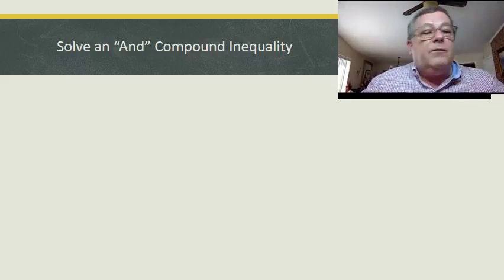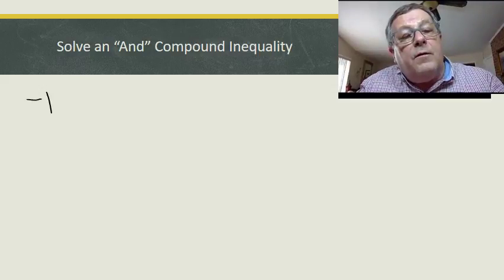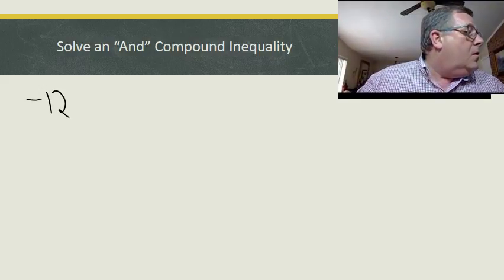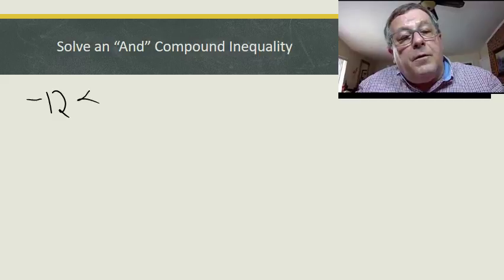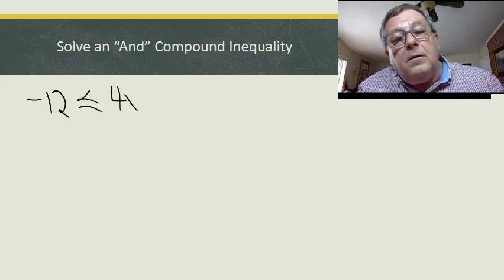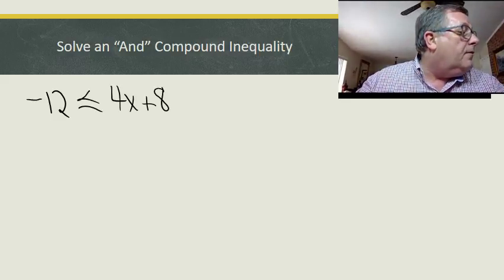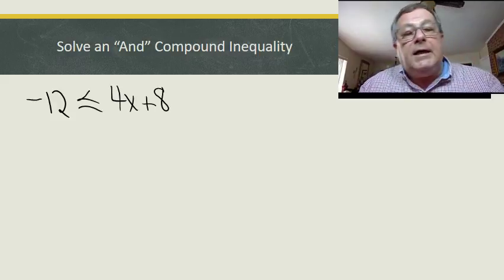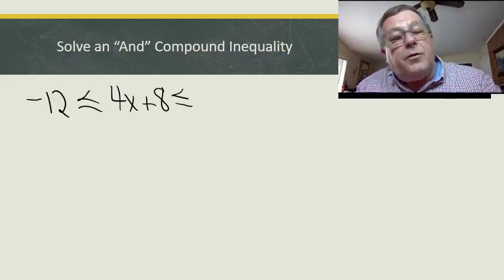So let's see. We got negative 12 is less than or equal to 4x plus 8 and 4x plus 8 is less than or equal to 32.